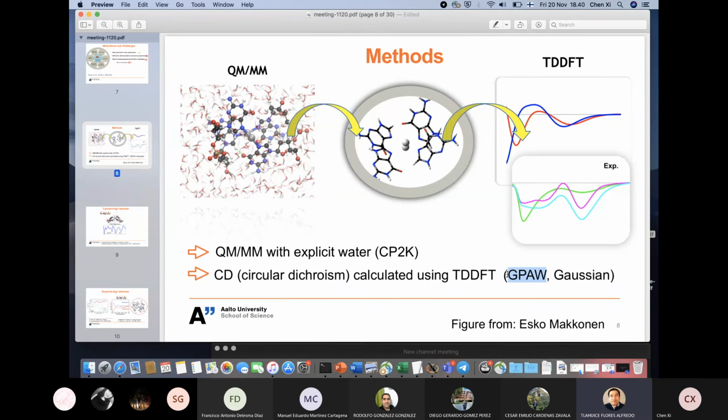Okay, and GPAW uses something like plane waves? Yes, it's like VASP. It uses this PAW approximation for the plane waves.